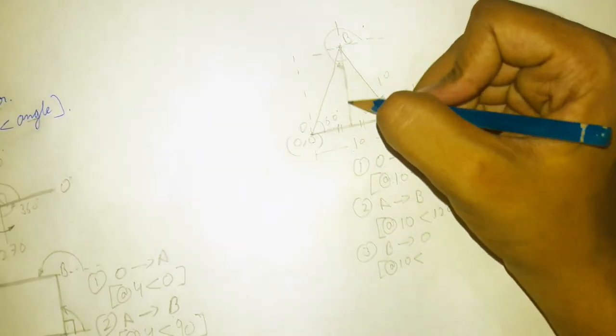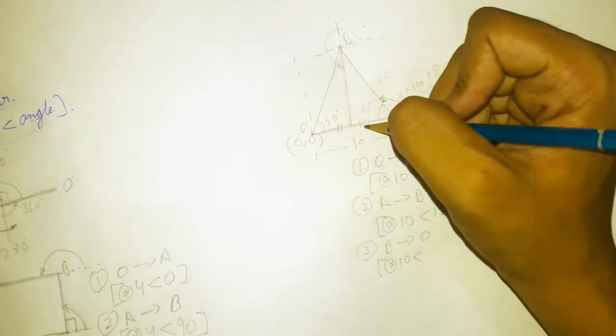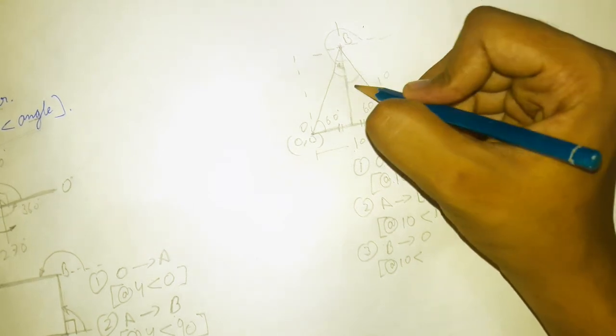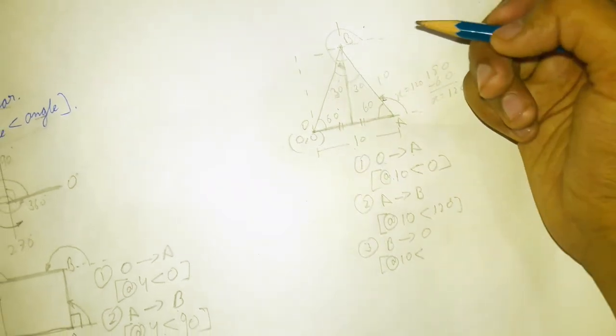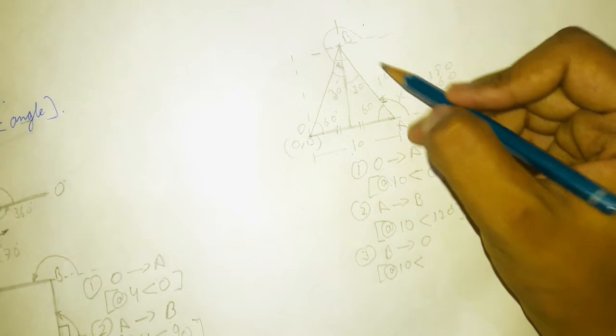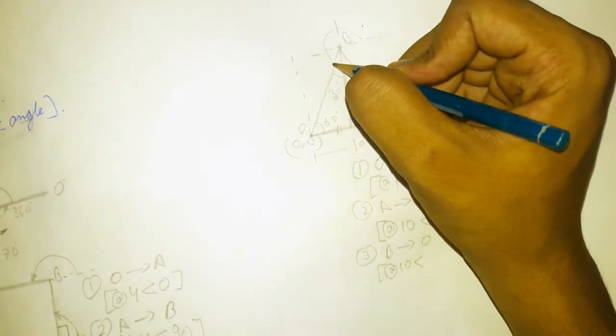This median of an equilateral triangle bisects the side as well as the angle, since this angle is 30 and this is 30. So for the point B to O, we have to find an angle.